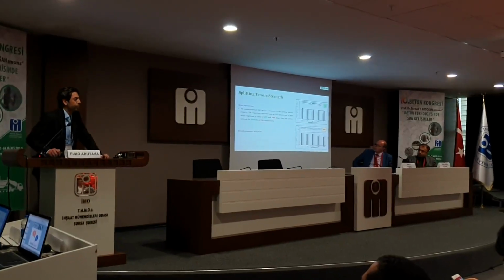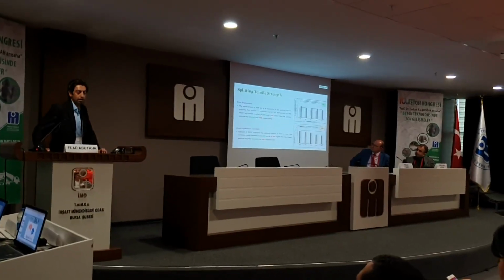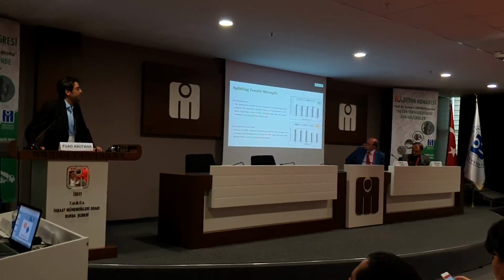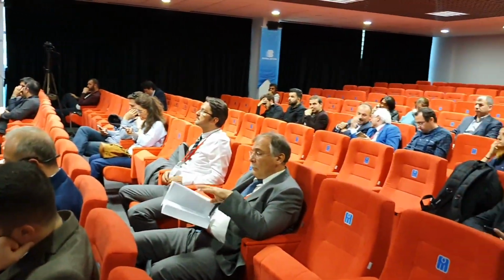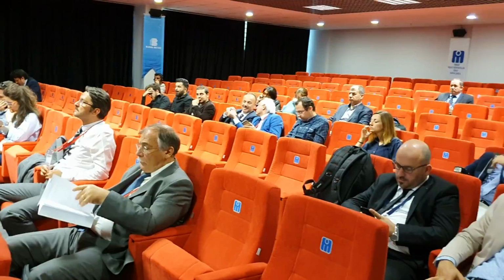But after incorporating the POC powder as filler, there is a significant increase in the splitting tensile, and this is the range of the increment compared to the mixes without POC powder.